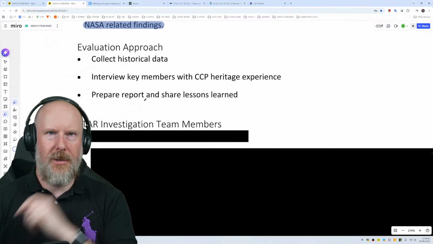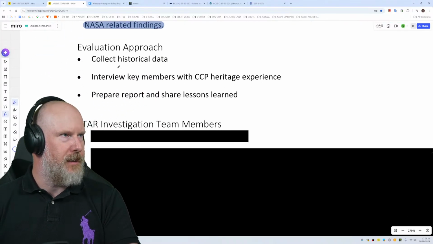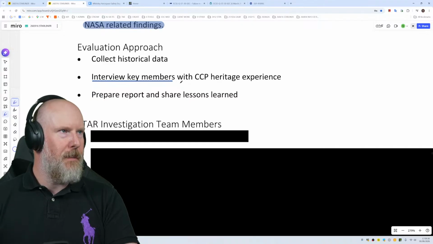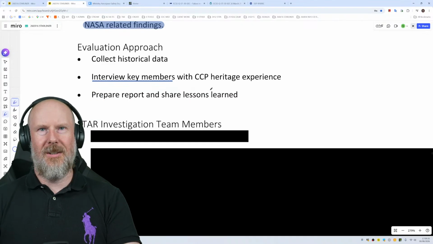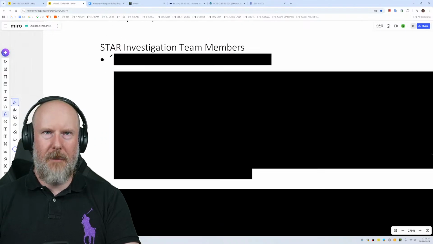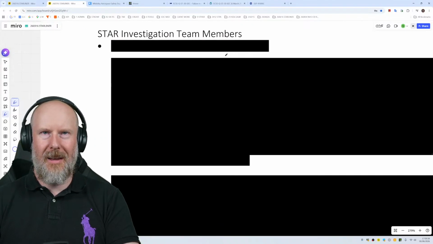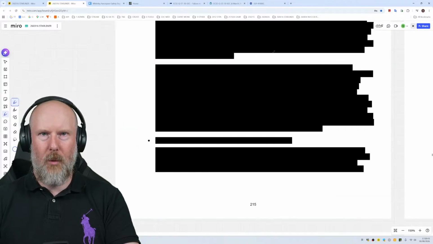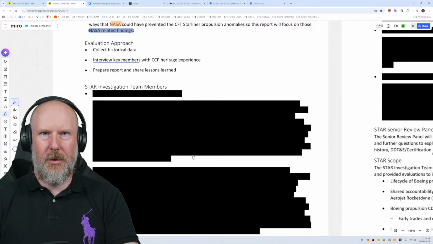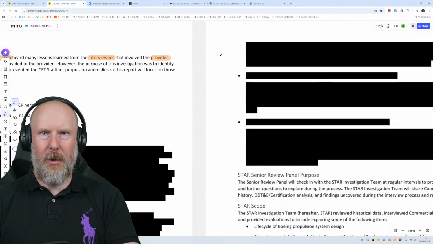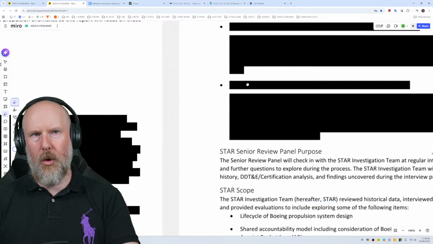Okay, so the evaluation approach is to collect historical data, interview key members with CCP heritage experience, prepare the report, and share lessons learned. This blanked out area is the STAR investigation team members. Completely understand why that will be blacked out. I'm presuming this is four bullet points, so either that's four organizations or four people.